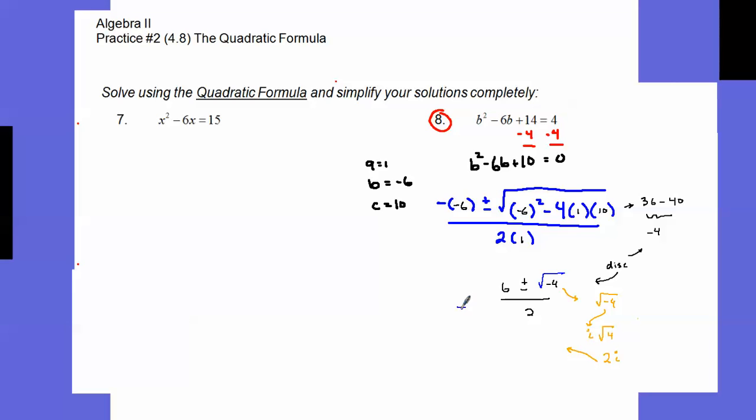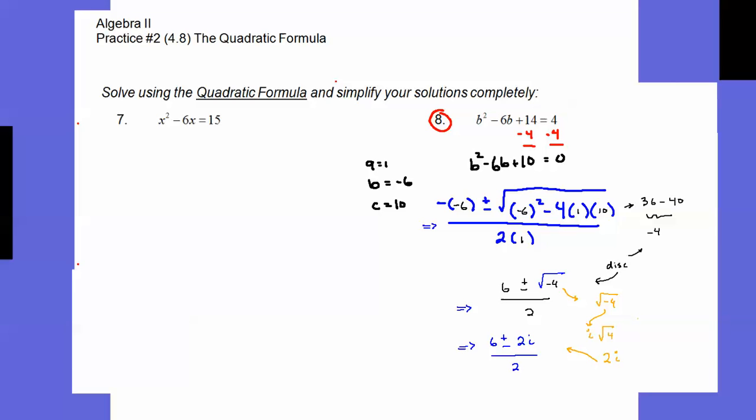This was the second stage, and we're on to the third stage of the problem. Here we have 6 plus or minus 2i all divided by 2.